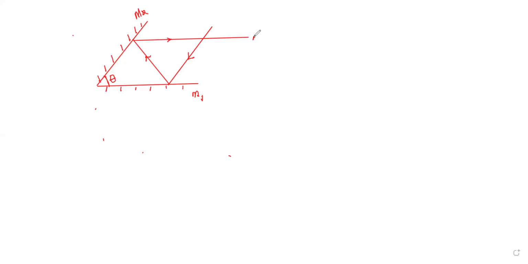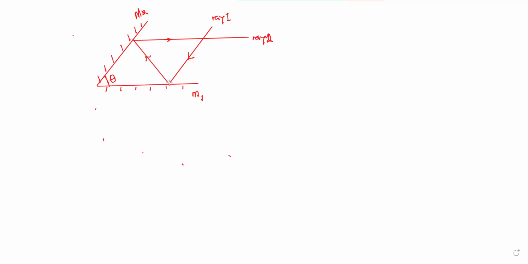Ray 2 is now parallel to mirror 1. But initially, this is ray 2, okay? Ray 1. And we are to determine the angle between the two mirrors, okay?